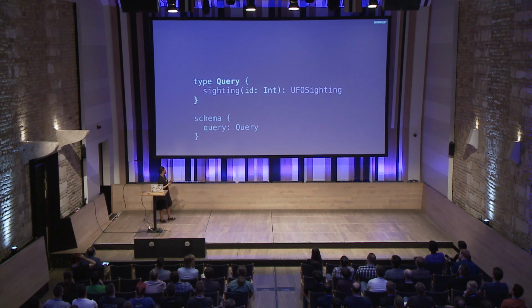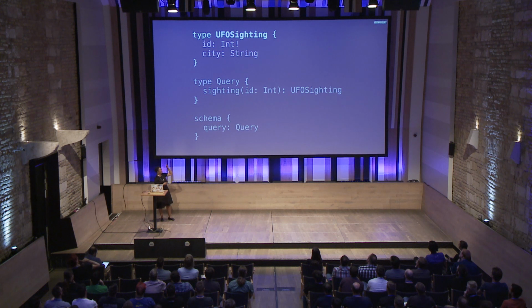So we start with the query, and the query type will give us back a citing with an ID, and then it'll return the UFO citing. So everything is connecting to each other. And then finally, at the very tippy top is our UFO citing again. So we started with the schema that has a query. This is the query, has a citing, and that's what a UFO citing looks like.